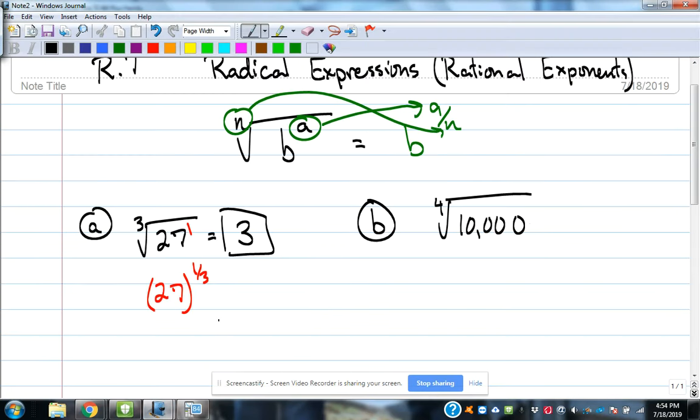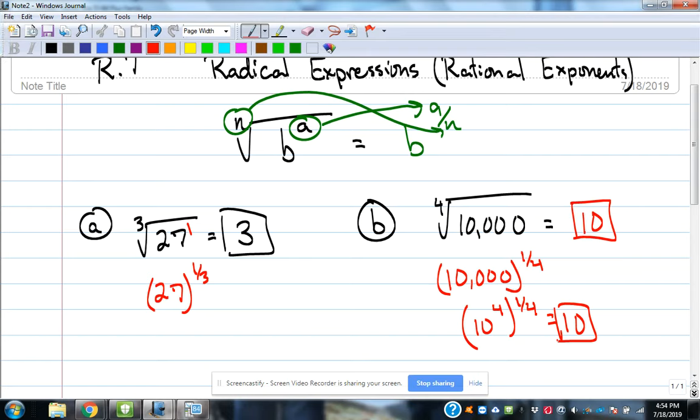That's nice, but it's not the only way to do that. You could also think about this as 10,000 to the 1/4 power and work that out as well. I also know that 10,000 is 10 to the 4th, and that's 10. That works the same way.